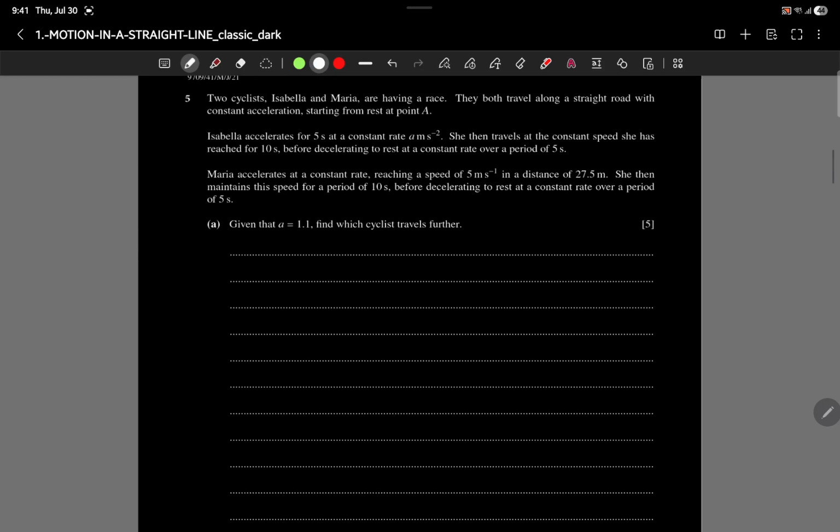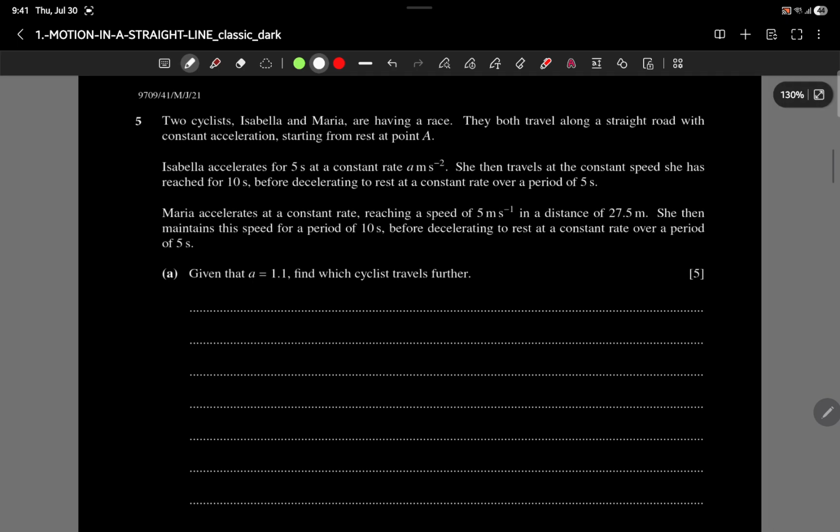Now, question number 5. Two cyclists, Isabel and Maria, are having a race. They both travel along a straight line road with constant acceleration starting from rest at point A. Isabel accelerates for 5 seconds to a constant speed.